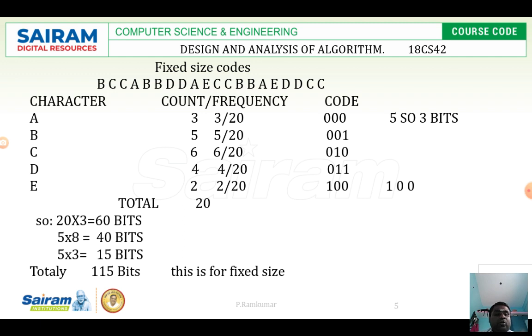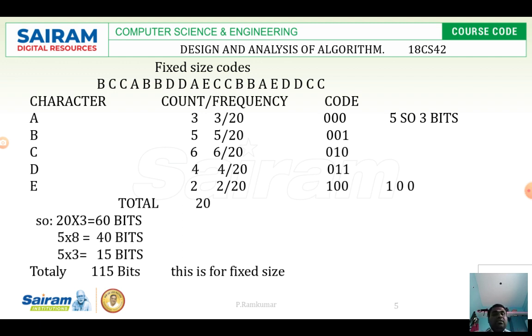Next, I have to know the frequency of each character. The number of occurrences divided by the length of the message will be the frequency. So 3 by 20 will be the frequency of A, 5 by 20 for B, 6 by 20 for C, 4 by 20 for D, 2 by 20 for E.